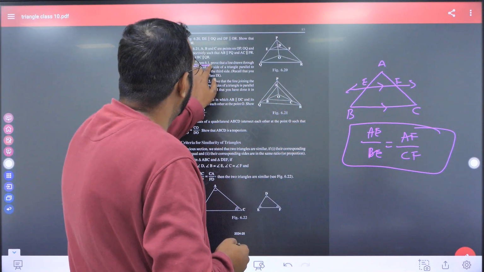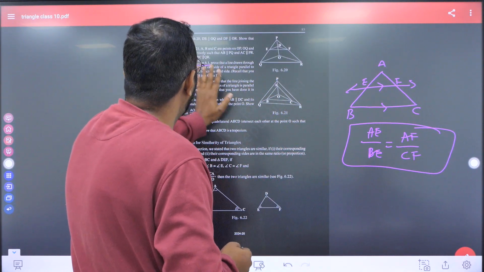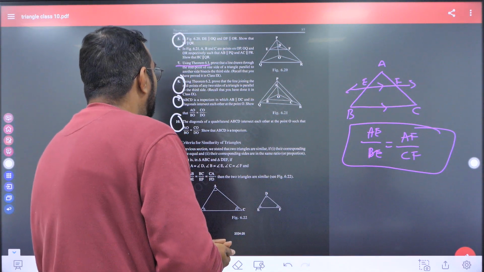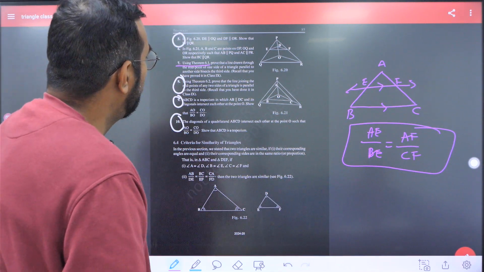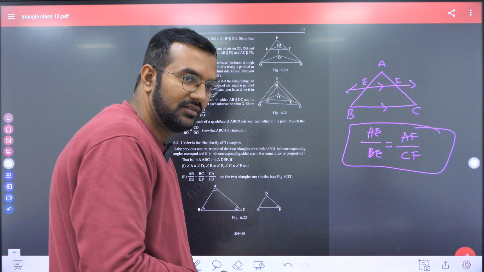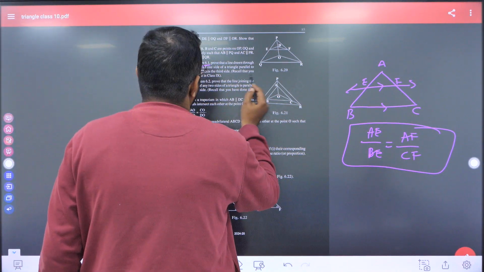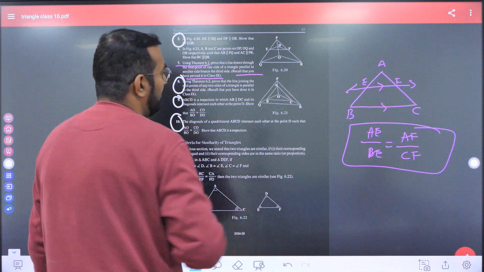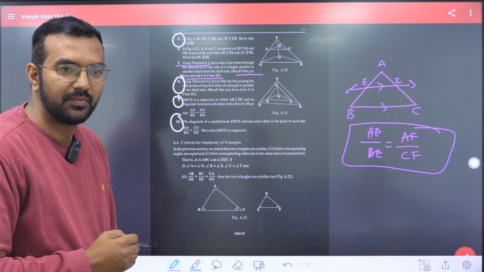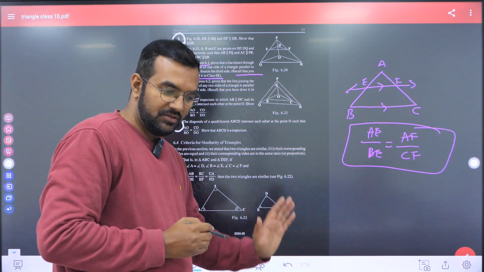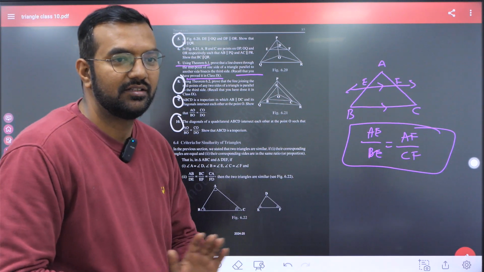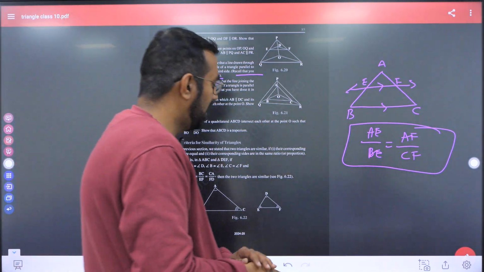So using this theorem we have to prove, what we have to prove? Prove that the line drawn through the midpoint of one side of a triangle parallel to another side bisects the third side. It has also been written here, recall that you have proved it in class 9th. This was the midpoint theorem in class 9th.